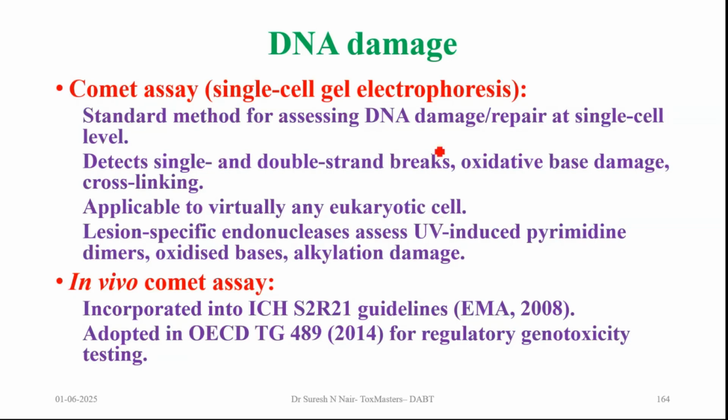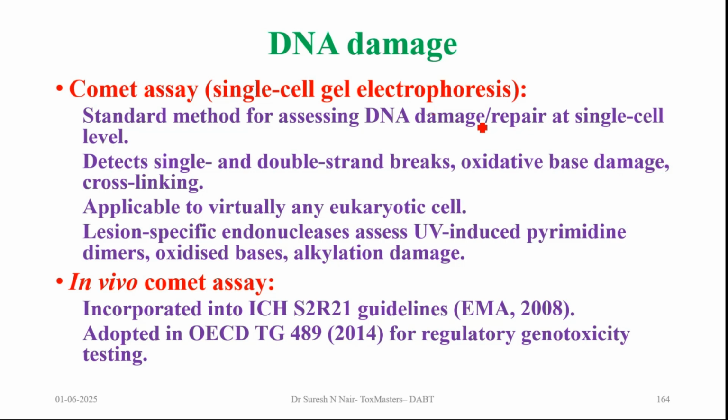The comet assay I have already mentioned. When we spread the DNA in an electrophoresis assay, you will see a comet-like appearance indicating fragments of DNA. The smaller fragments will move faster in the gel when we run it, polyacrylamide gel, and the bigger chunks will remain.